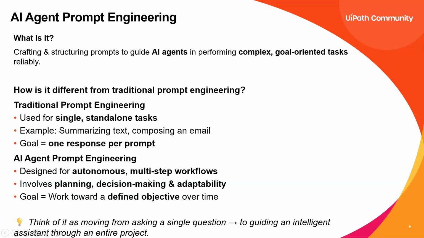You can think of the traditional prompt approach like asking a single question, and AI agent prompt engineering like guiding an intelligent assistant through an entire project. So that's the difference between traditional and AI agent prompt engineering.